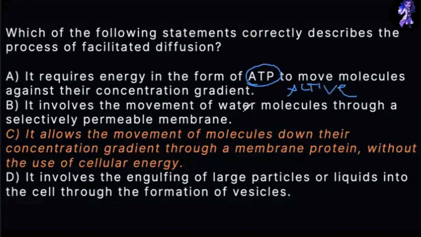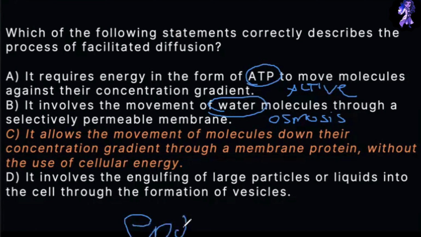Choice B involves some movement of water molecules through a selectively permeable membrane. Because they're talking about water, we're talking about osmosis in choice B, and that wouldn't be correct. And then when we're talking about engulfing, in general, we're talking about endocytosis.